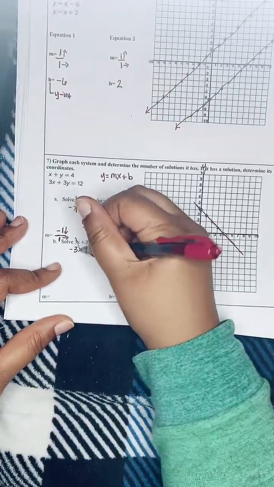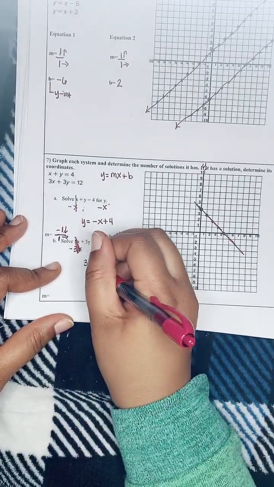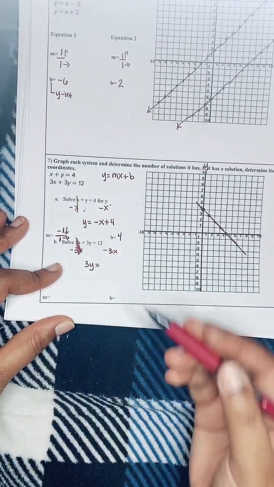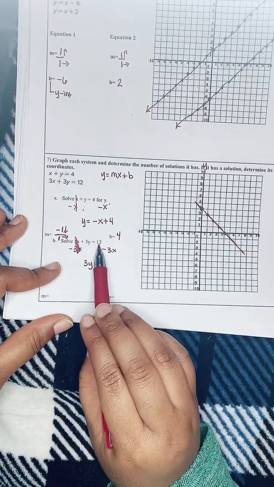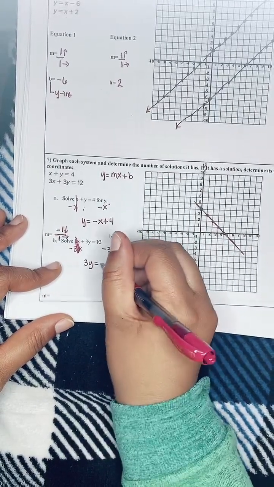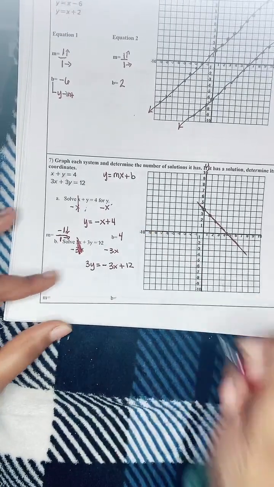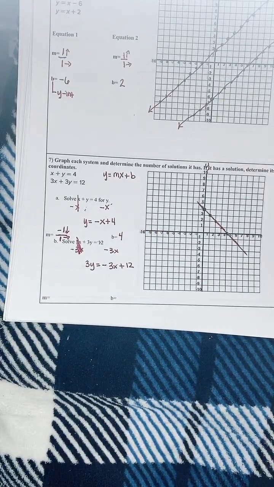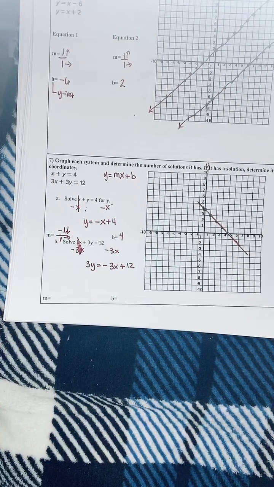This cancels. And we get 3y equals, remember, these are not like terms. That's why I'm not writing this under this. So we're just going to write them right next to each other. -3x plus 12. Perfect. Now, what's our last step? How do we get y by itself?